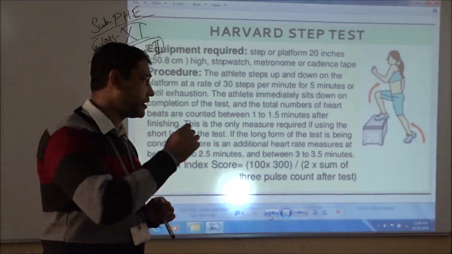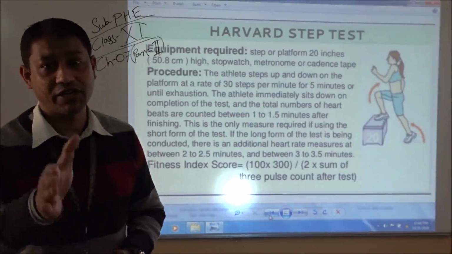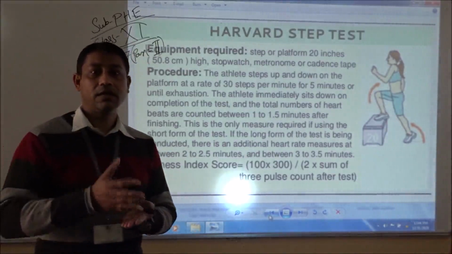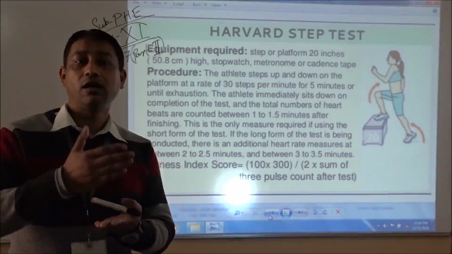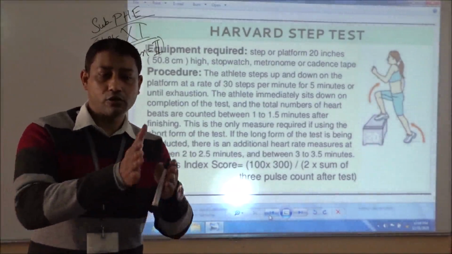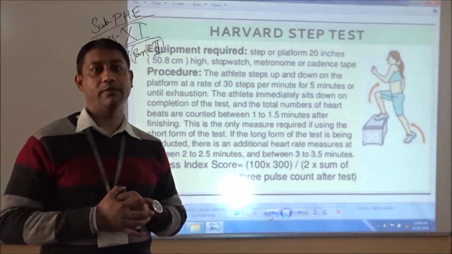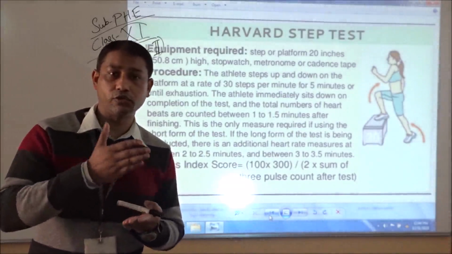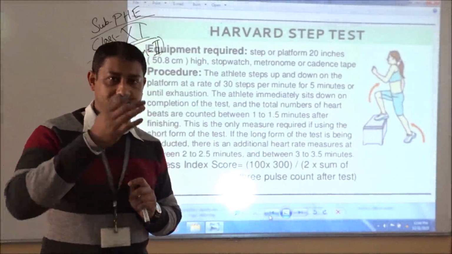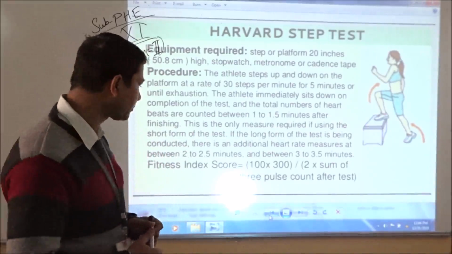The first measurement of heart rate will be taken immediately after the finish of the test, from 1 to 1.5 minutes. The second measurement will be taken 2 to 2.5 minutes from the end of the test. The third measurement will be taken 3 to 3.5 minutes from the end of the test. So these are the 3 measurements that are taken of heart rate.